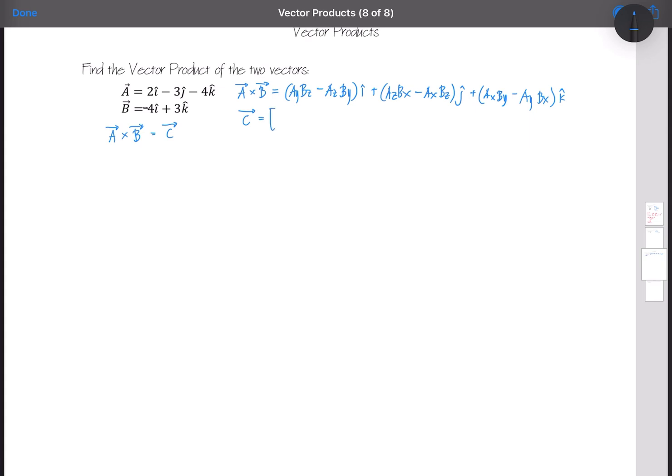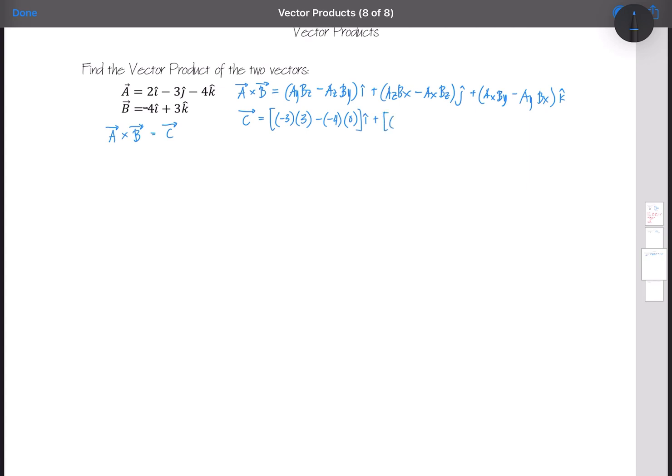I'll just continue this here. We have AY, that is negative 3, times BZ, that is 3, minus AZ, that is negative 4, times BY, that is 0, since we don't have a Y component for vector B, so that is 0, i hat.